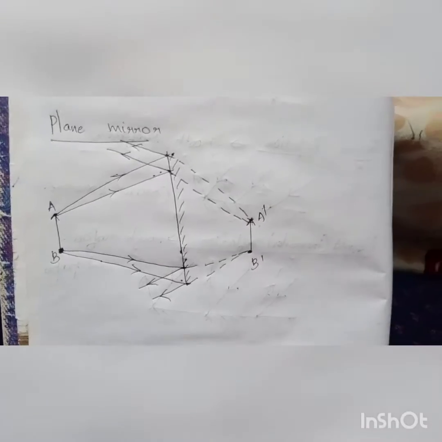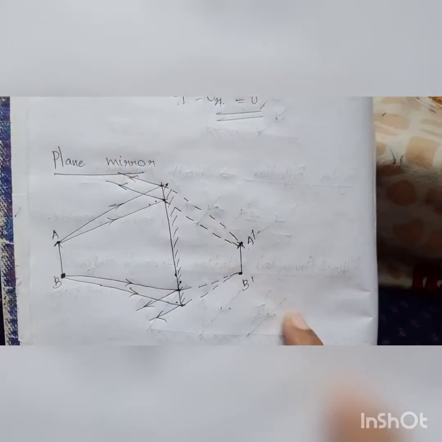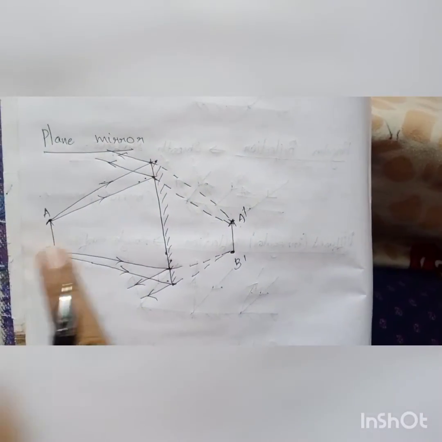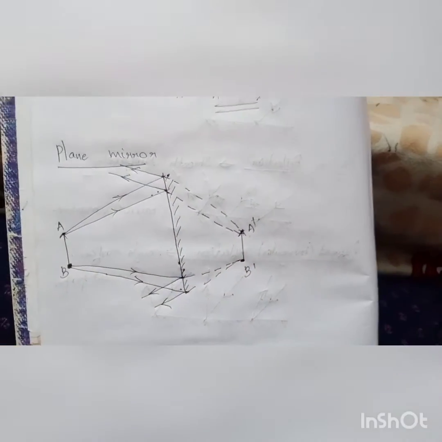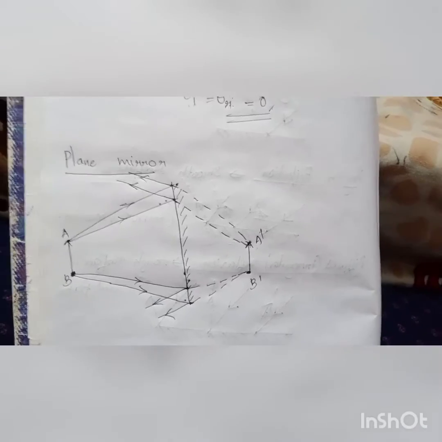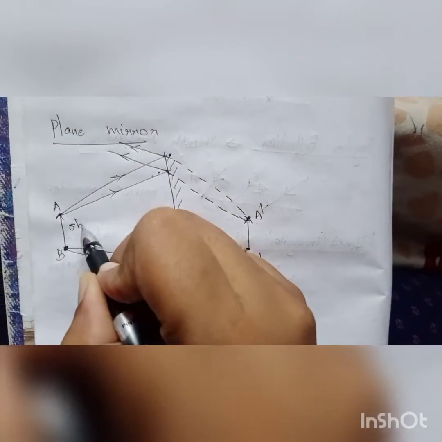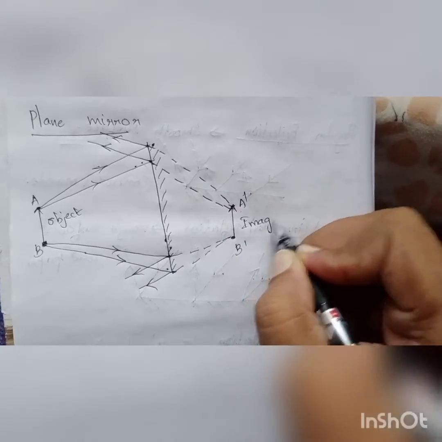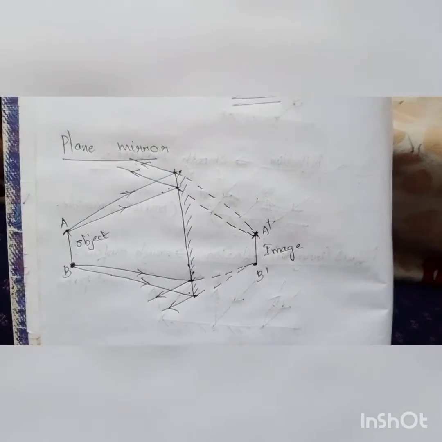If you are using a proper scale, you will find that the size of the object as well as the image will be the same. This is our object and this is our image.